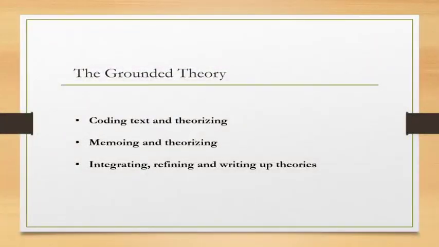Once data is collected, grounded theory analysis involves the following basic steps. The first is coding text and theorizing. In grounded theory research, this search for theory starts with the very first interview that one codes. Small chunks of the text are coded line by line. Useful concepts are identified where key phrases are marked, then the concepts are named.